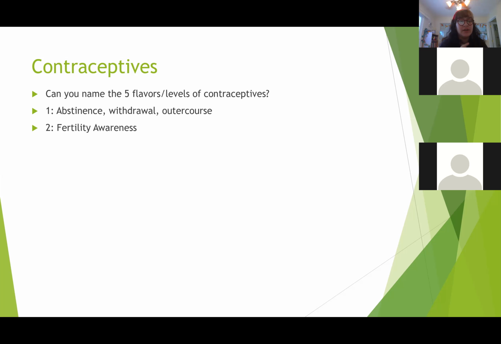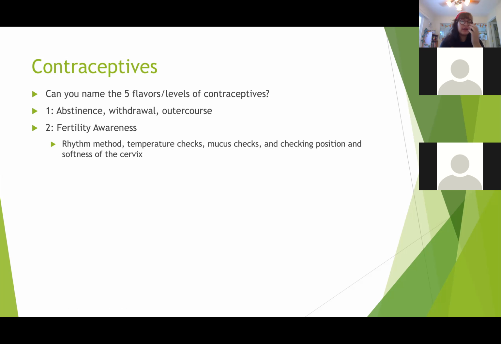Then we got fertility awareness. And this one is pretty cool because if done right, it's highly effective. That includes the rhythm method, which is counting your days since your last period and counting down the days until your next period, so you can figure out when you're ovulating. You also check your temperature because when you're ovulating, your temperature rises a little bit.